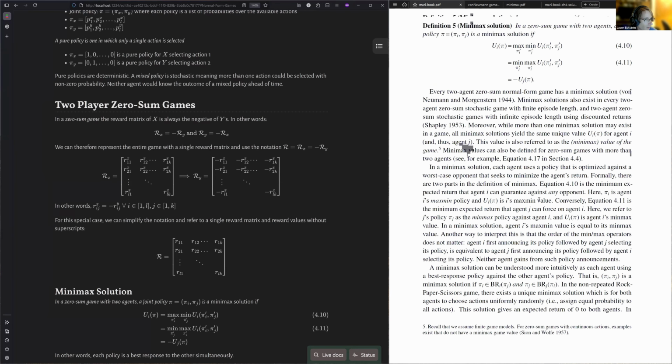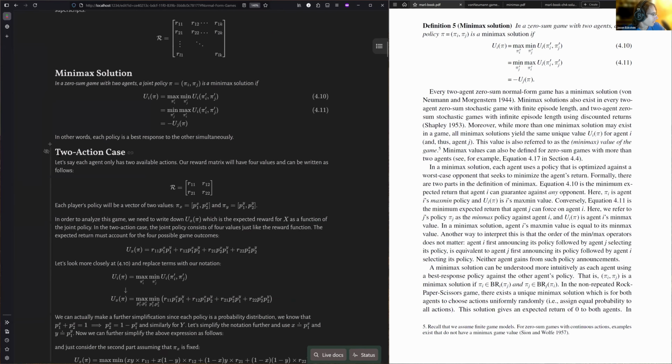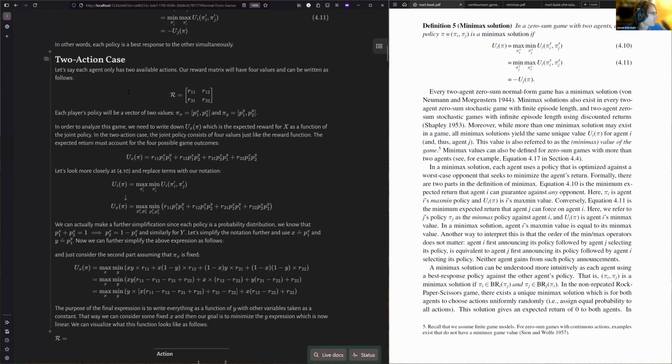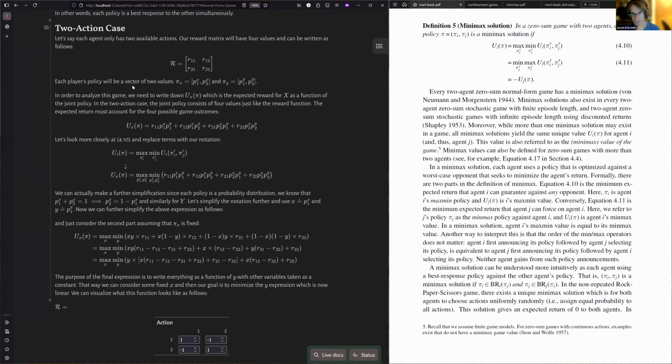So in order to look more closely at the solution, I am going to make the game even simpler than I already have. We're going to look at the simplest possible case that we could have, which is two actions. So this is the most trivial game that you can have: a zero-sum game with two players and two actions.